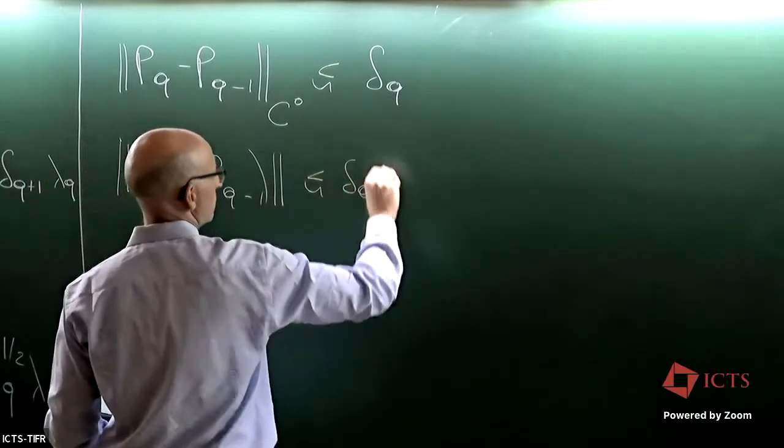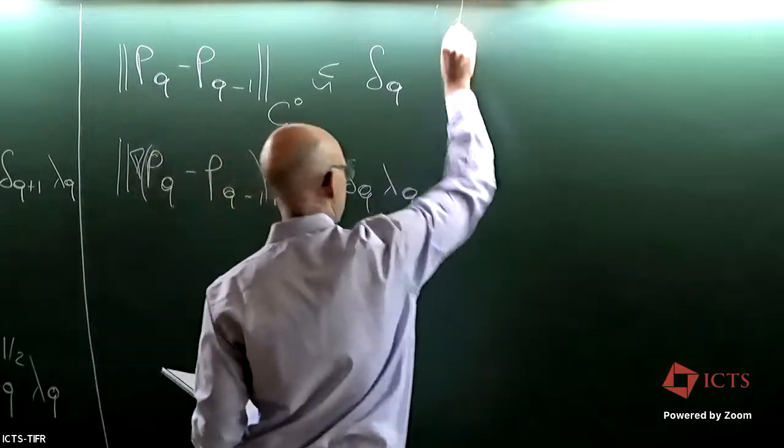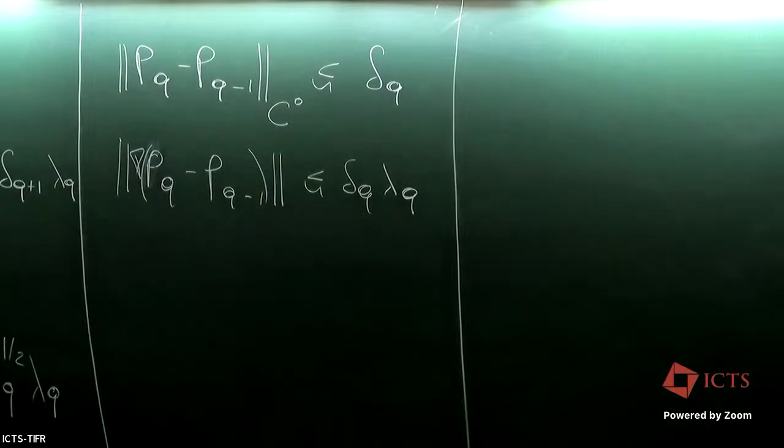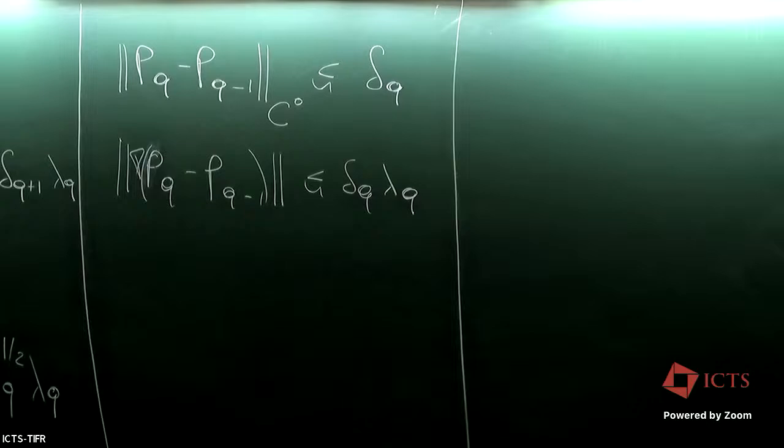Just trust me on this. It comes out of the computation. One could guess that this is true because the pressure depends quadratically on the velocity, but of course you are adding all the things, and so you would have to make an expansion and argue why the cross products between VQ and VQ minus 1 that you would have when you make the expansion are not too bad. But just trust me on this.